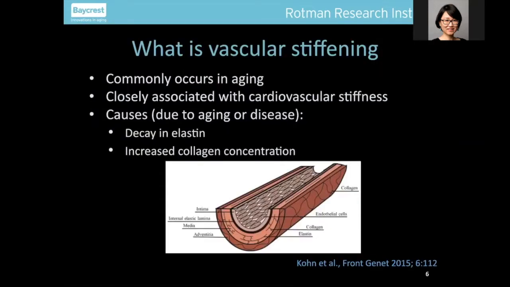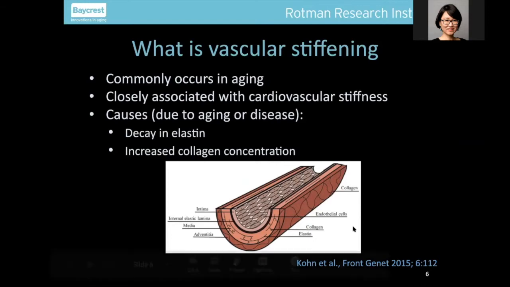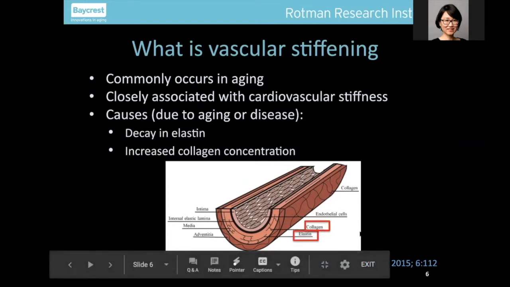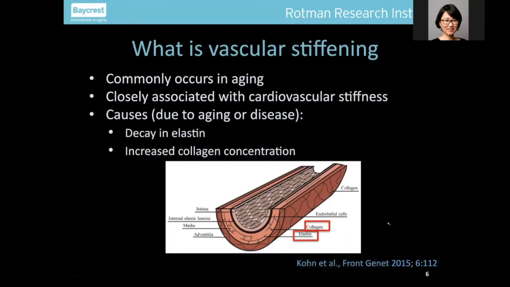So if we look more closely at what's happening in vascular stiffening, commonly known as arterial stiffening, we can see there are two major causes. As individuals age, there's a decay in the elastin, and there is an increase in the concentration of collagen. These two factors, which pertain to the vascular wall, are recognized as causing vascular stiffening.